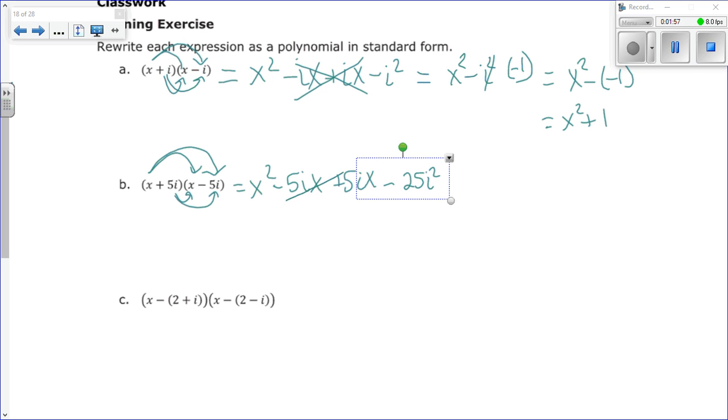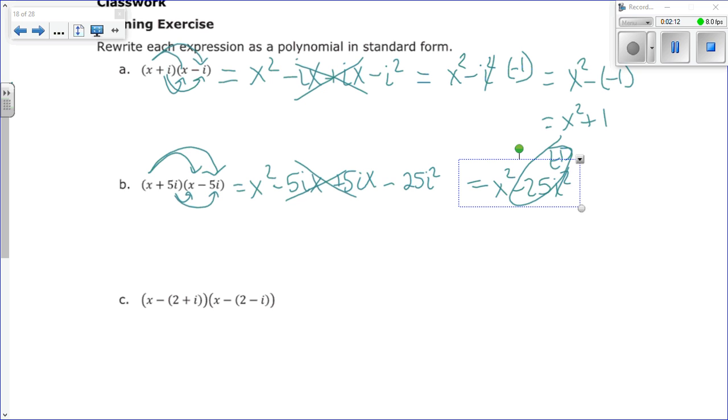Again, these middle terms are going to go away, and I'll be left with x squared minus 25i squared. But i squared is -1, and -1 times -25 would then be positive 25. So x squared plus 25.